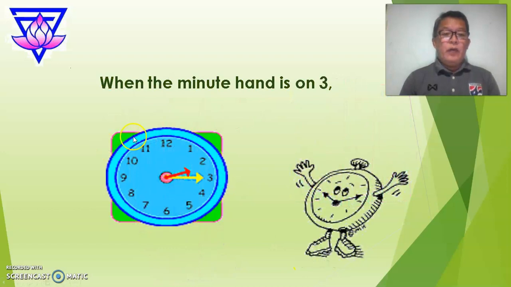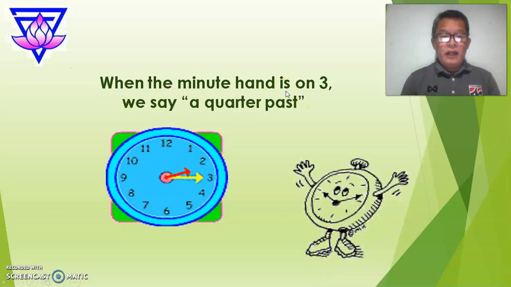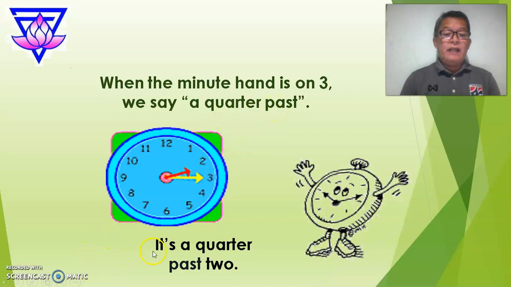Now, when the minute hand is on 3, we say quarter past. If the long hand is on the 3, we say quarter past. So what time is it? It's 2:15. Look right here.